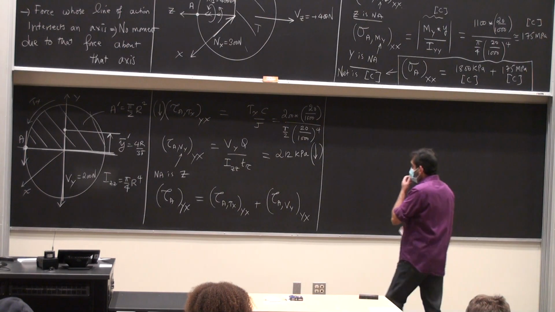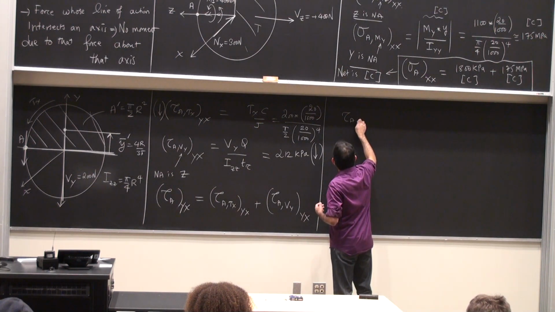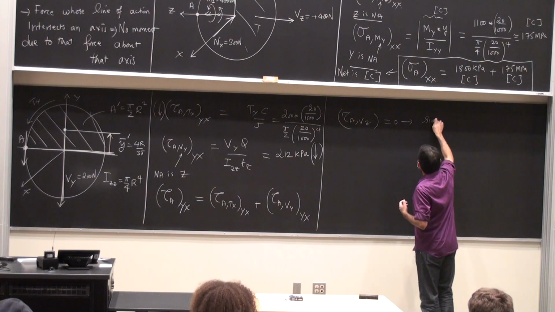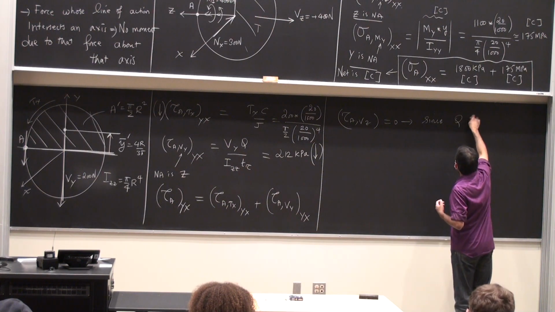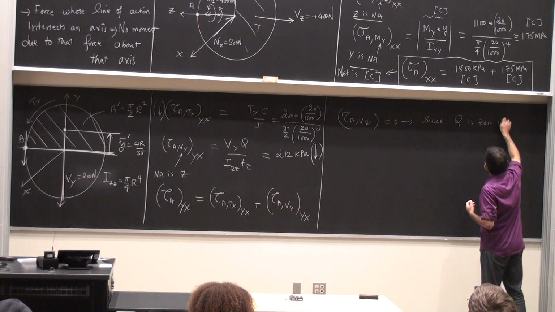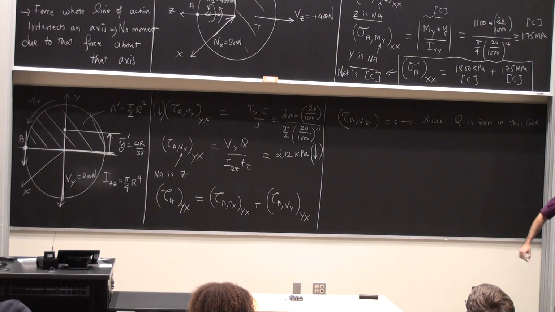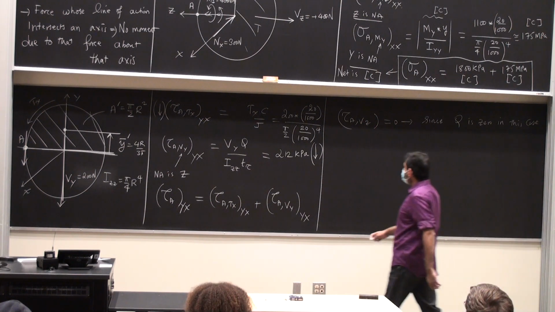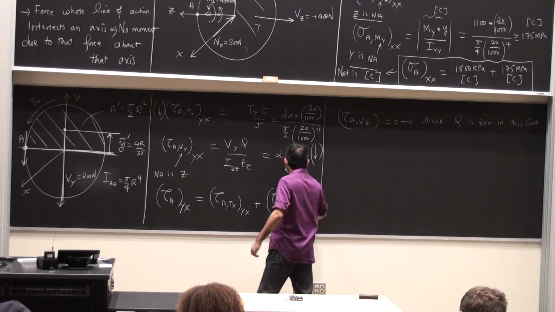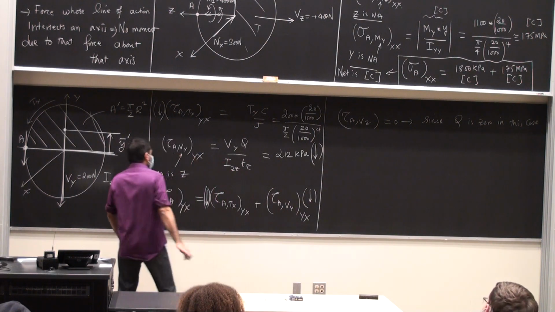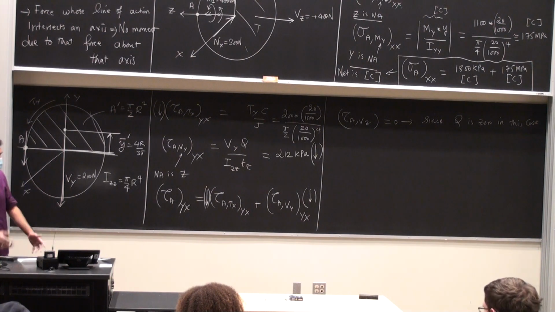So tau A due to Vz is 0, since Q is 0 in this particular case. Both of them will be pointing vertically down. This is down. This is also vertically down. And plug in the numbers.